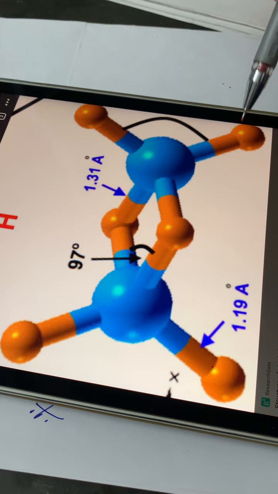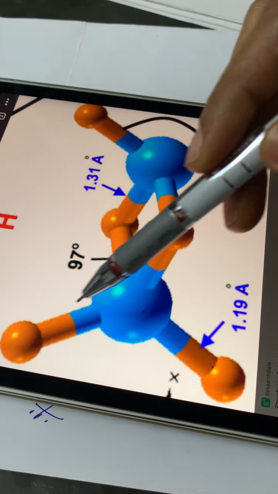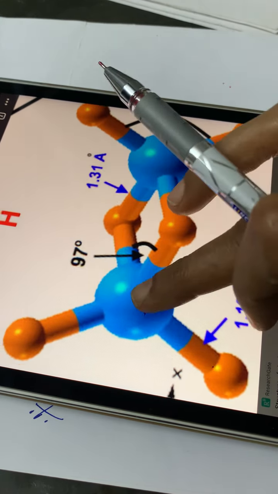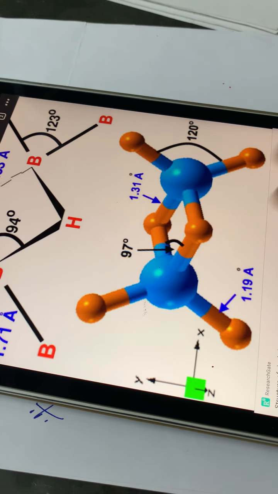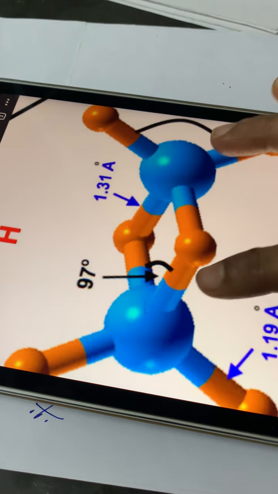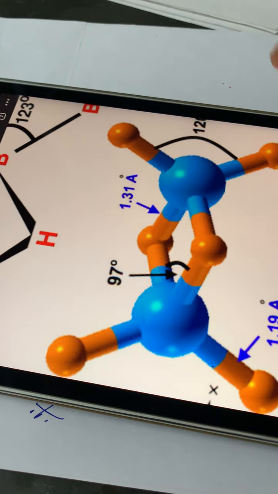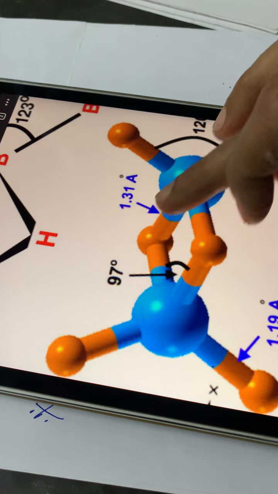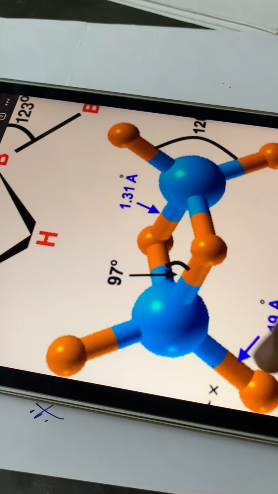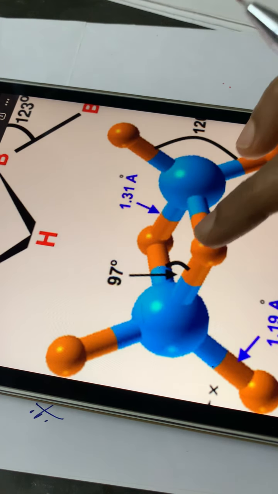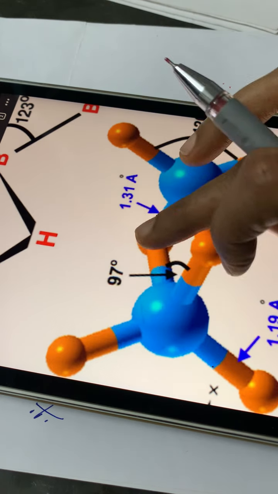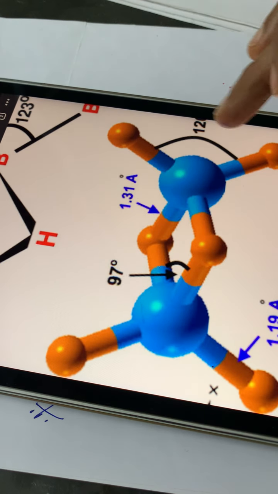Then one more BH bond, one more BH bond, then another BH bond. Okay, so this is the structure of this diborane. Hope you are clear with the structure. So this is a three-dimensional structure, with 2 BHB bonds and 4 BH bonds.